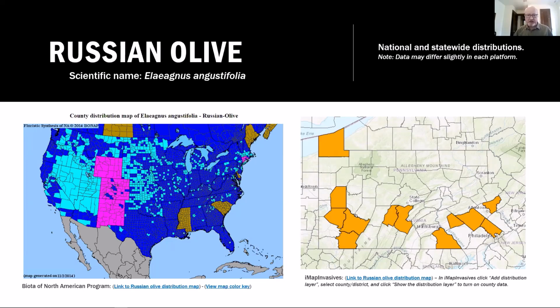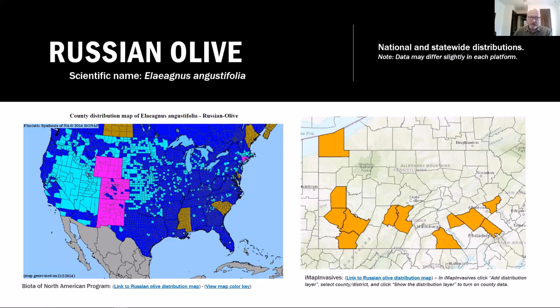Now, you're not going to see an exact match between those maps, and for each species, I think we're going to have either these two maps or something very similar. The map on the left there is from the Biota of North America project.